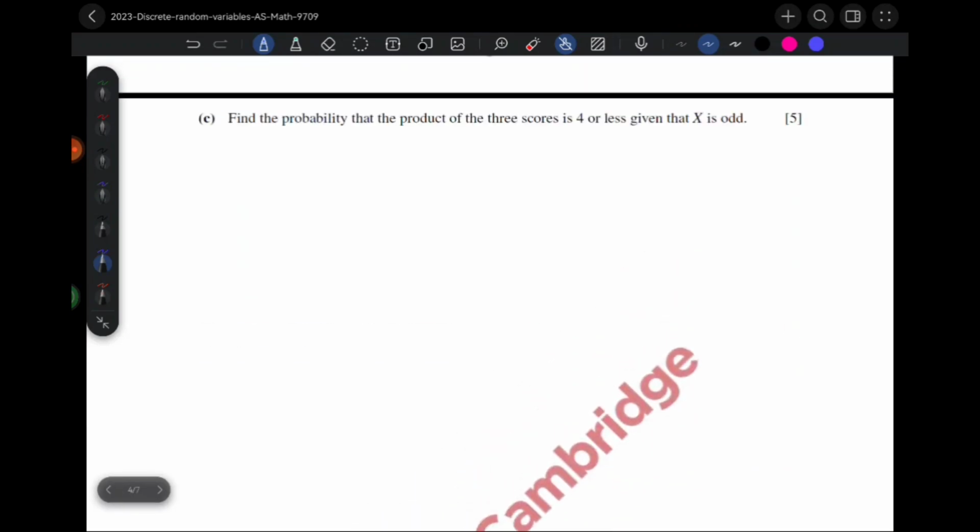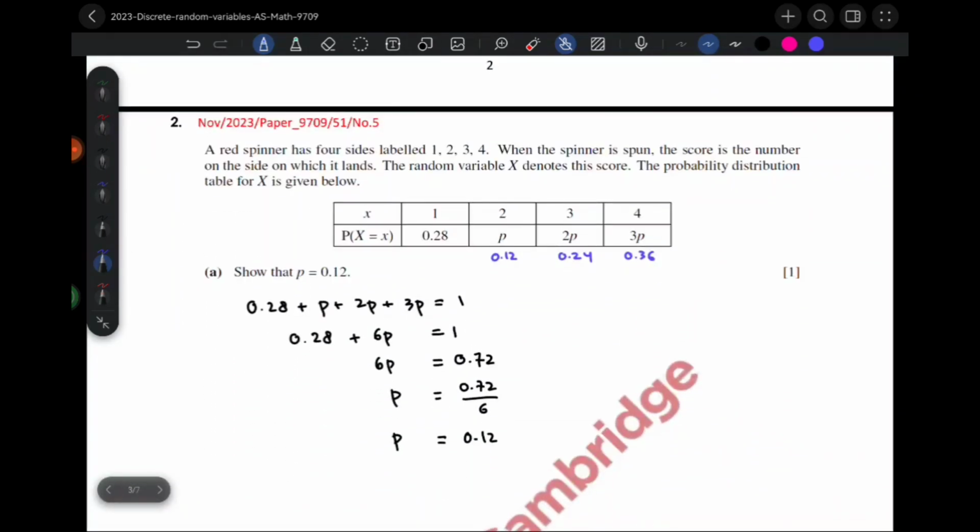Alright, for C, find the probability that the product of the three scores is 4 or less, given that X is odd. So remember, X is the score from the red spinner.